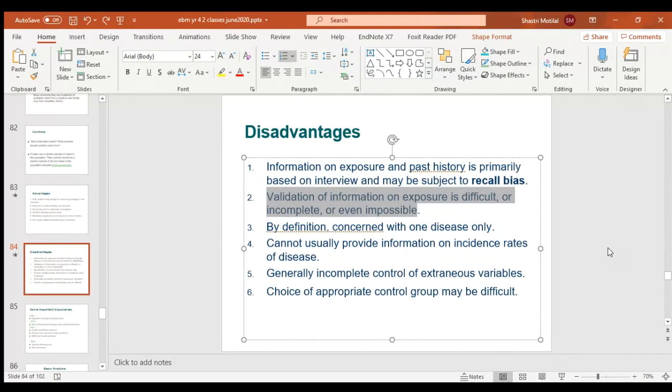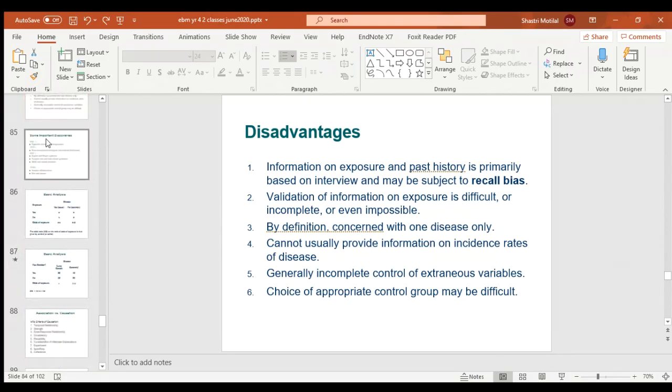Sometimes this is the case if the risk factor was something like use of a drug, and the use of the drug was documented by a prescription, or you could go back to notes to see that the doctor did prescribe it, or you could go to physician notes to see if the physician was accurately documenting if the person drank alcohol, how much they drink, if they smoked, how much they smoke, if they used to exercise. You would really depend on people to document this in the past. But the problem with a case control study is you can't often get that information accurately.